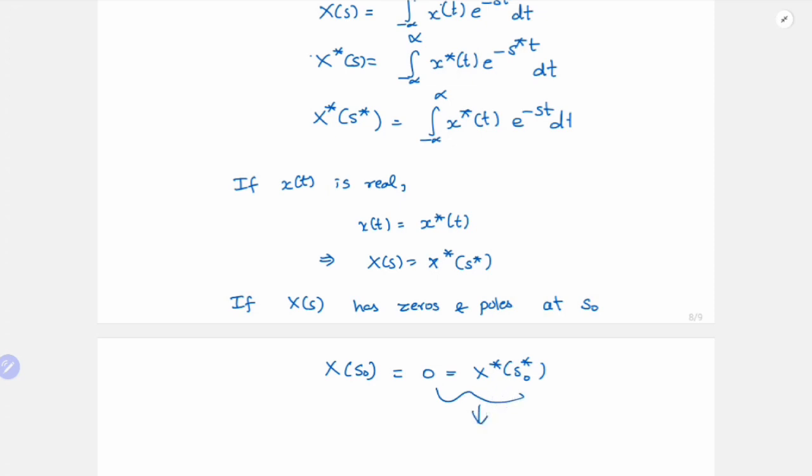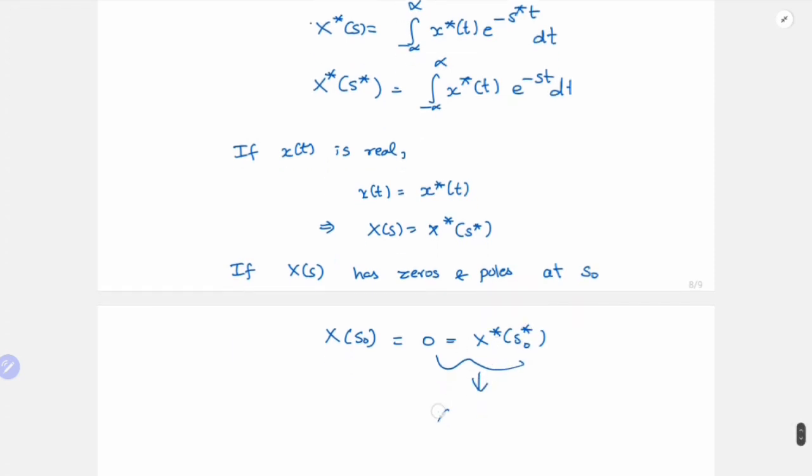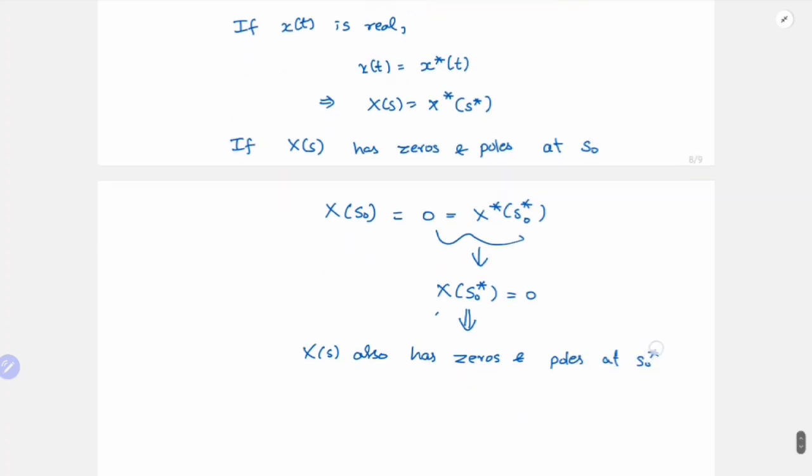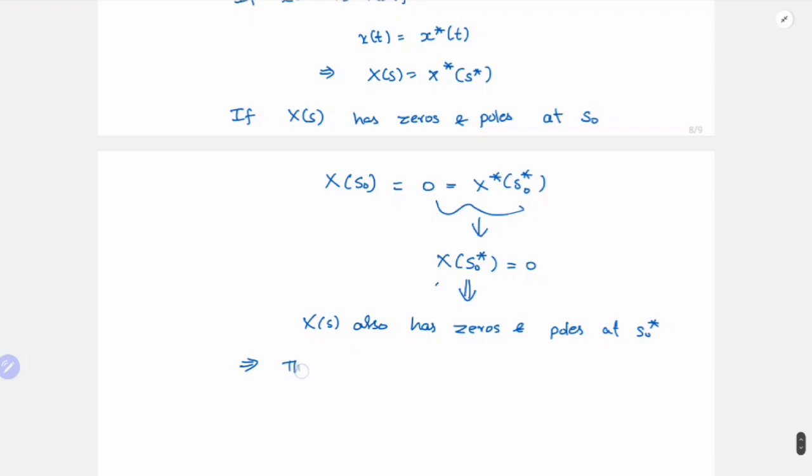So taking the conjugate on both sides, I'll get X of s naught star is also equal to 0. So this implies X of s also has zeros and poles at s naught conjugate. So this implies that the poles and zeros come as complex conjugate pairs. This is for real x of t only.